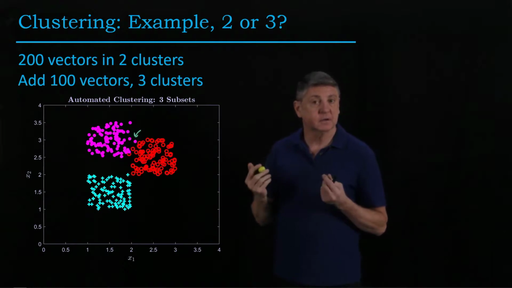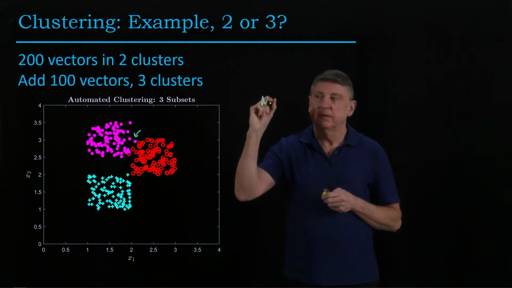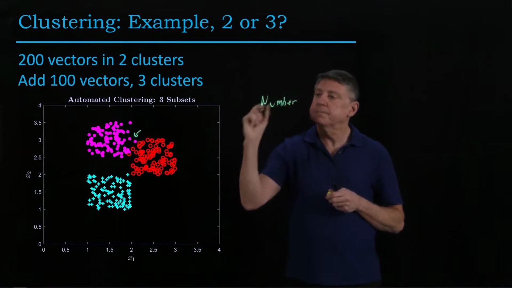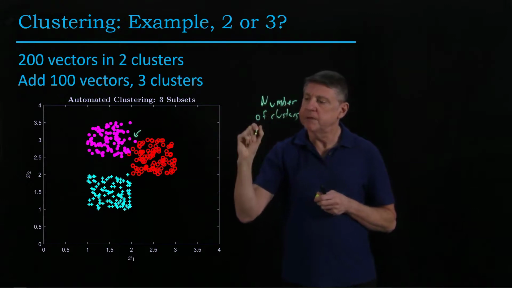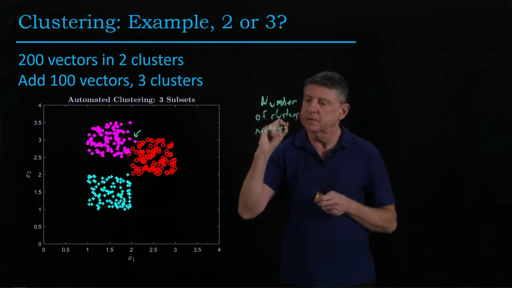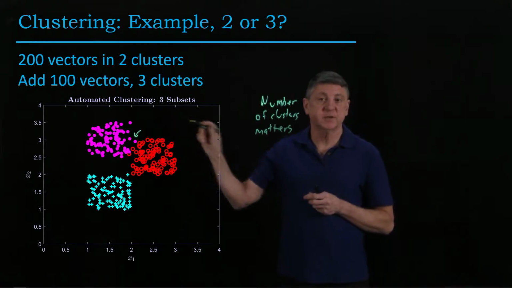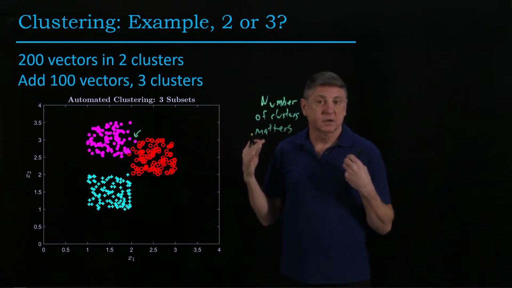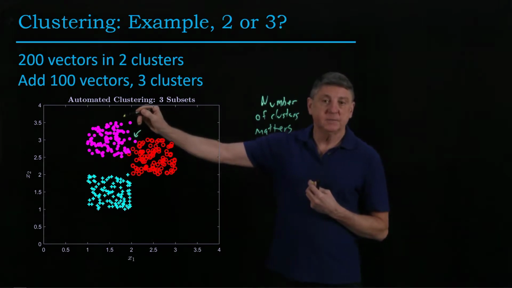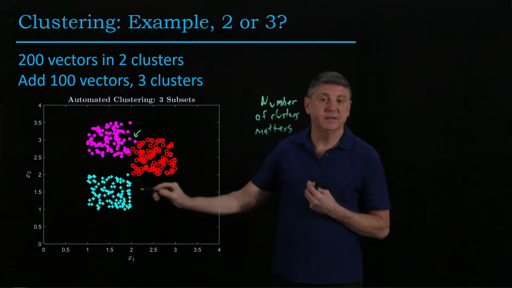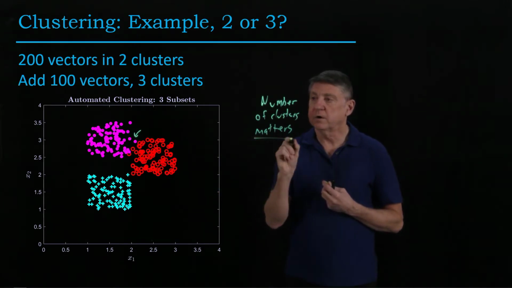So we have a couple of observations. The first is that the number of clusters matters. And in this case, when I have these 300 vectors, if I said, computer, cluster this into 2, it would have clustered the red and the magenta into one cluster and then left this as a distinct cluster. So that's one observation.